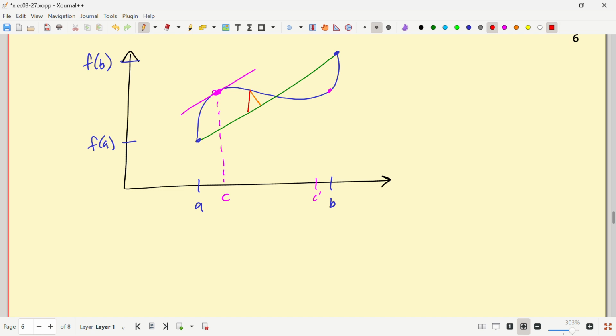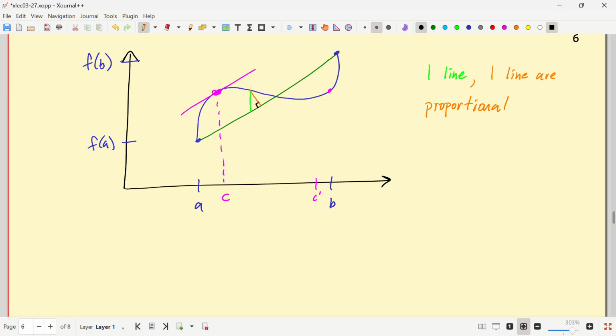My colors aren't working very good here. Maybe make this light green. The orange line and the green line are proportional. Let's see, that's a right triangle, so this is a right angle.